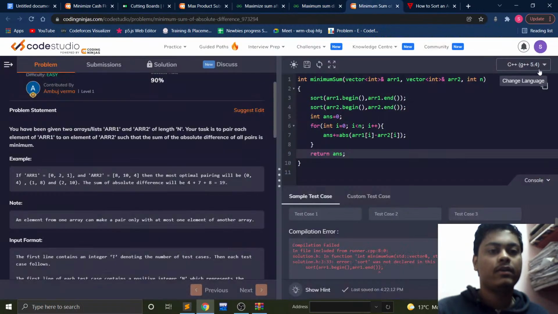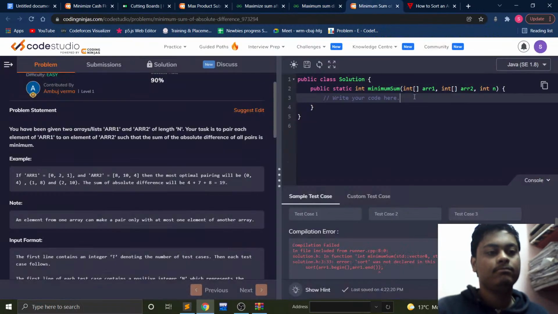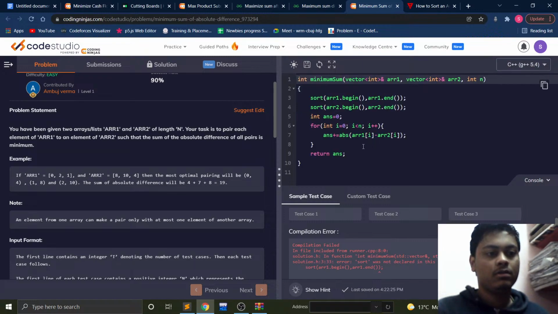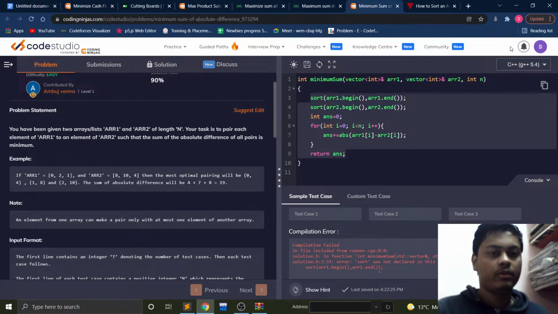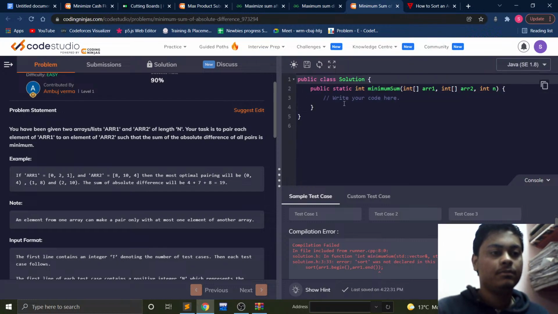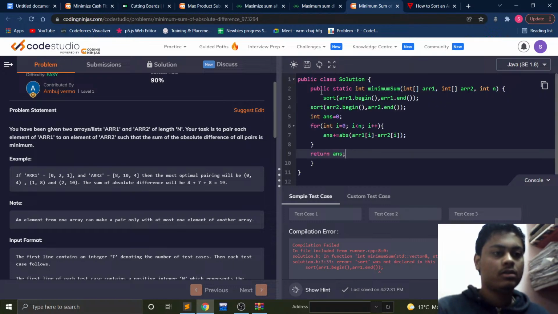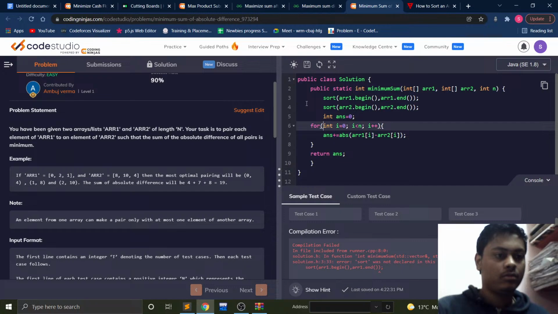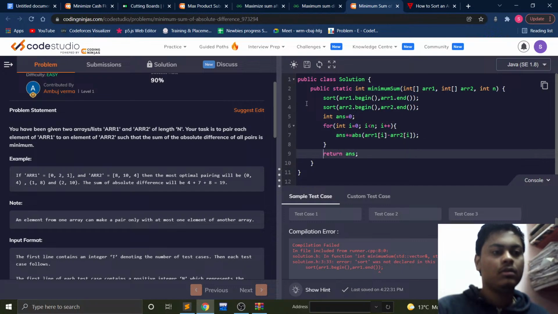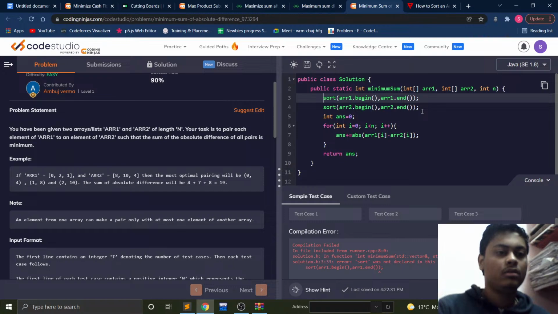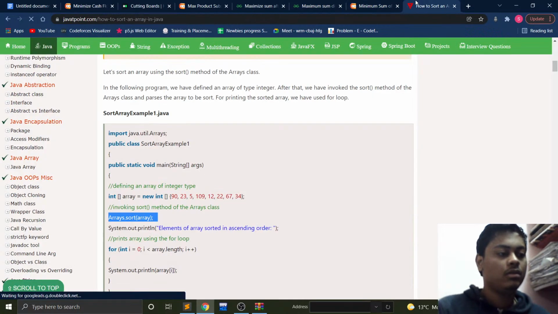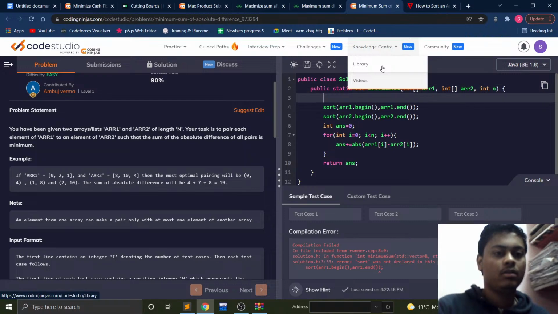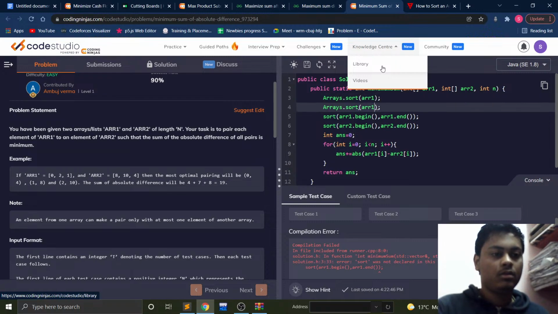Fine, let's try to do it in Java. From C++, we'll just take all of this code, put it in Java, and instead of this part, Arrays dot sort array 1, same for array 2.